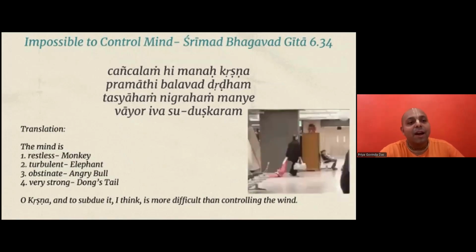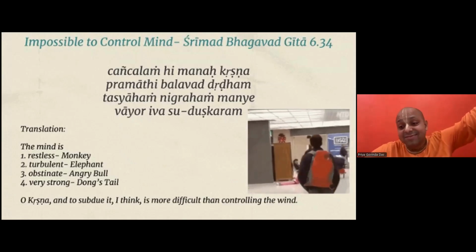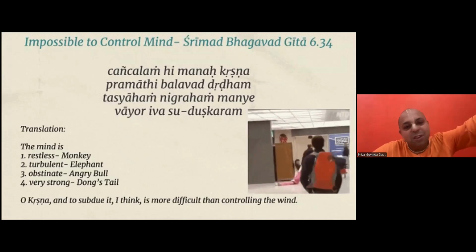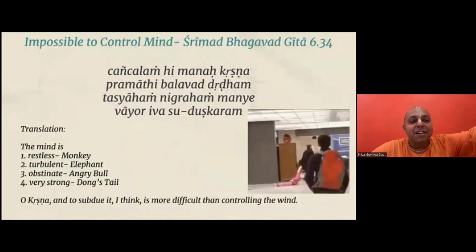Actually, Arjuna, on behalf of all of us, has done the analysis of the mind. The mind has four very powerful qualities. First, it is restless, like a monkey, always jumping here and there. You cannot stop a monkey at one place. Second, it is turbulent, like an elephant. Turbulent means it is very strong.